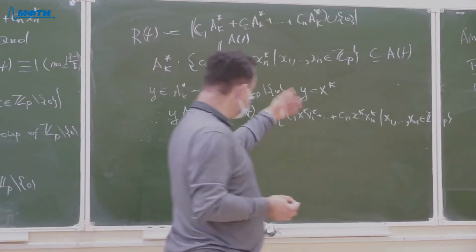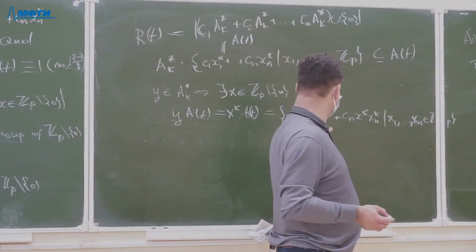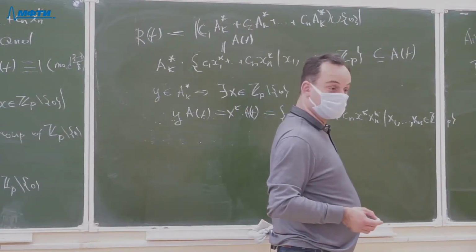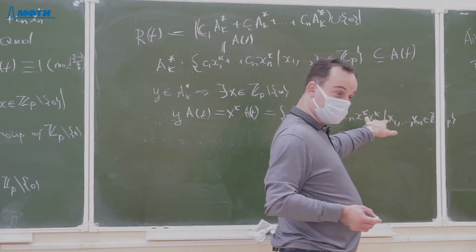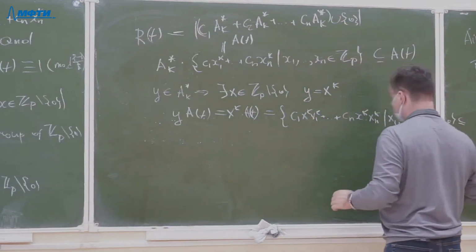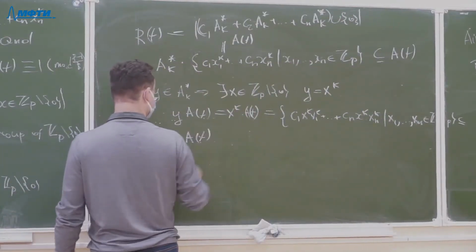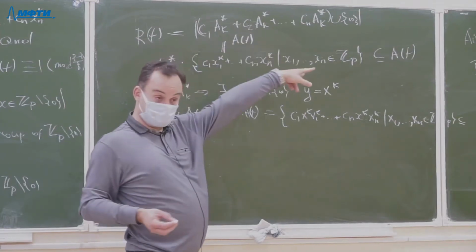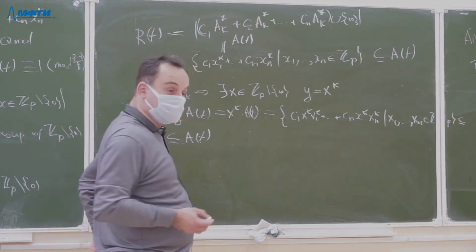But this is a subset of AF, right? Because this is the element x times x1 to the k, and this is x times xn to the k, so this is a subset of AF. Which proves that AK star by AF is a subset of A of F.